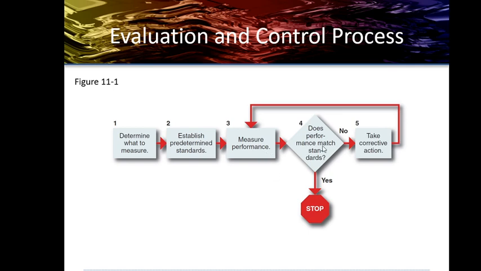So what we do here in step 4 is compare the 3% with the 5%. As you can see, 3% is less than the 5%, it's less than our standard. Then the answer here will be no, because we are supposed to achieve a 5% increase in sales, but we have achieved only 3%.